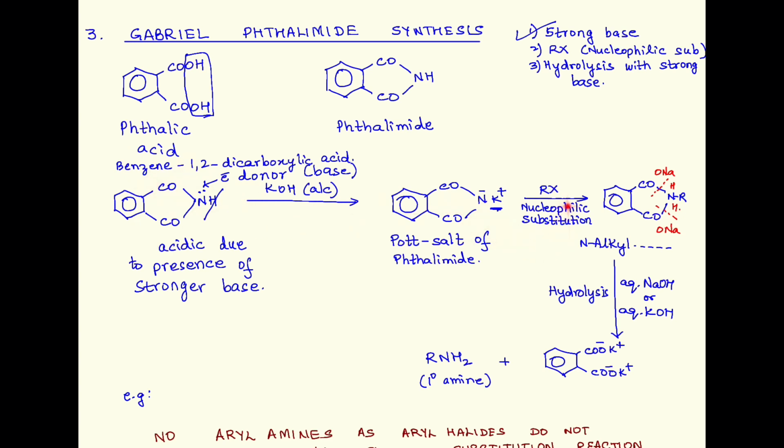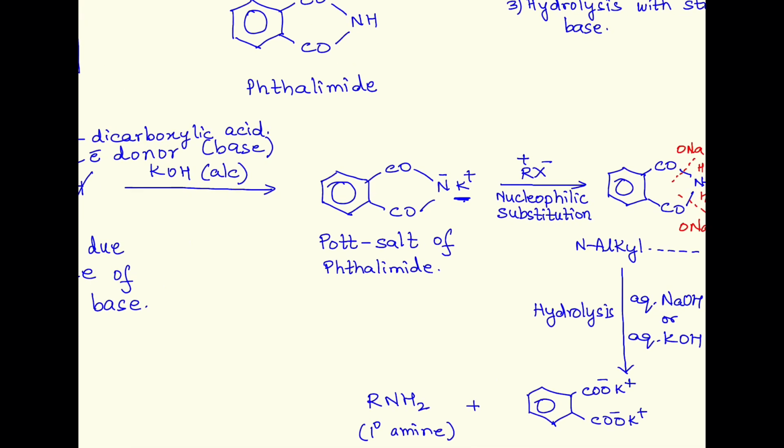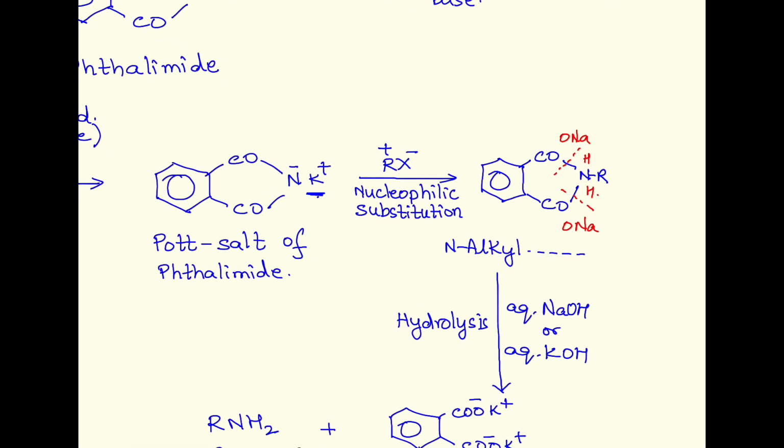Next step, nucleophilic substitution using a haloalkane. Again, positive, negative. Remember? Okay. So, we will have an alkyl derivative, but that alkyl is getting attached to the nitrogen. So, this will be an alkyl derivative of phthalimide.